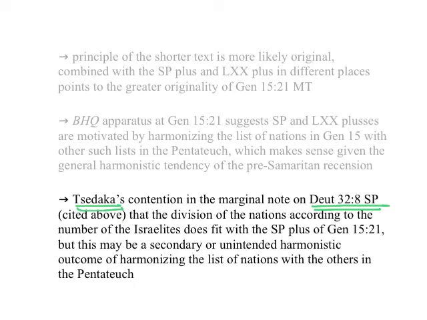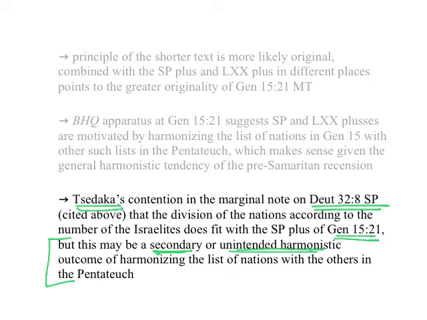However, even though it's only 11 nations in Genesis 15:21, presumably the Hebrews were the 12th nation. I'm not sure. But this seems to be probably a secondary or unintended harmonistic outcome.